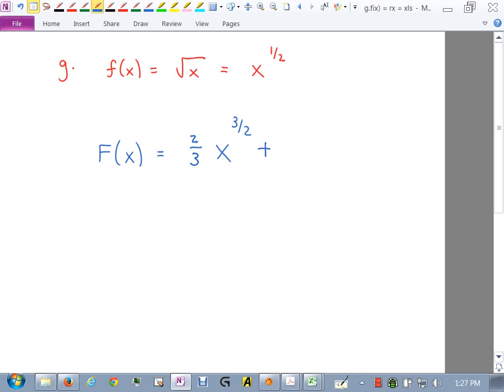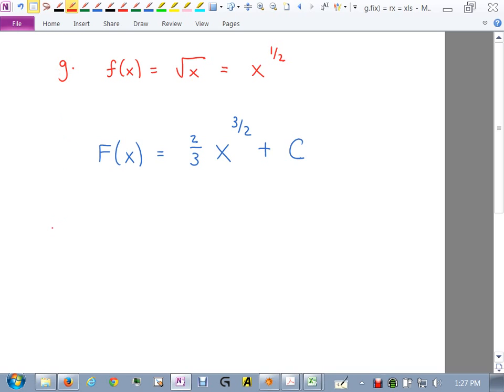Just plus c, and we're good. Are y'all okay with this or not? Question? Just leaving it? No. Which is why we try and stress in college algebra, like radical notation, and we kind of don't like working with it because rational exponents are easier to work with in calculus.